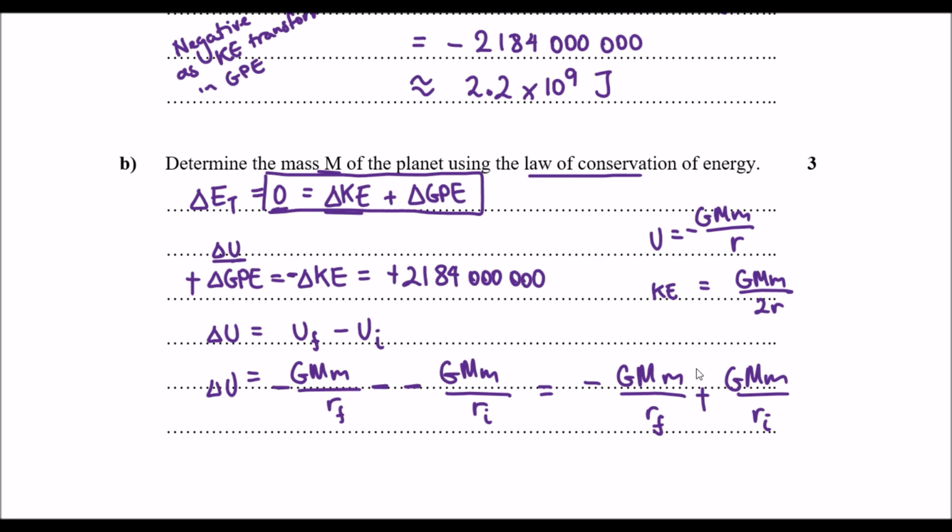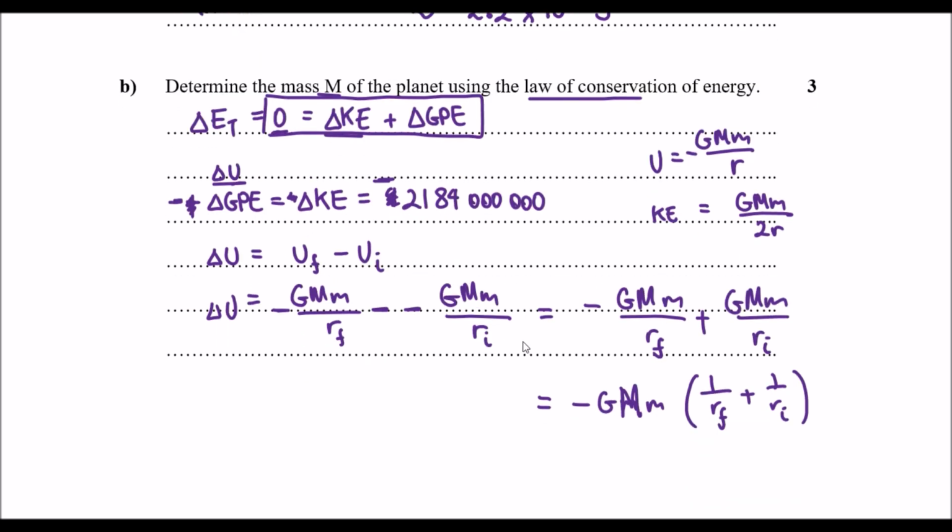Okay, so it's a positive value that we have here. If I move the values out, so I have G and little m, or big M and little m, it becomes the following formula. I'll leave this value as it is. We might even want it as a negative value overall. We'll see.